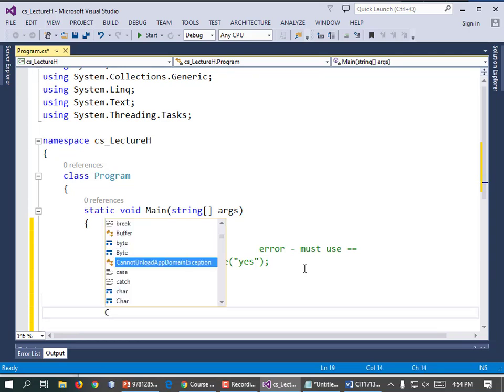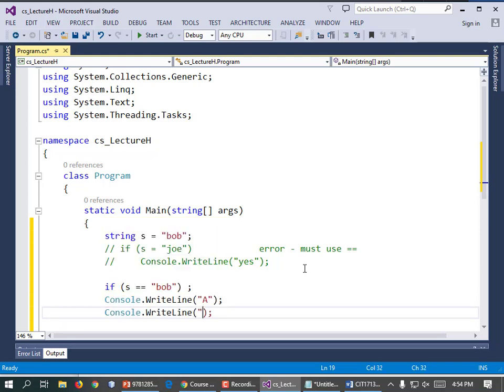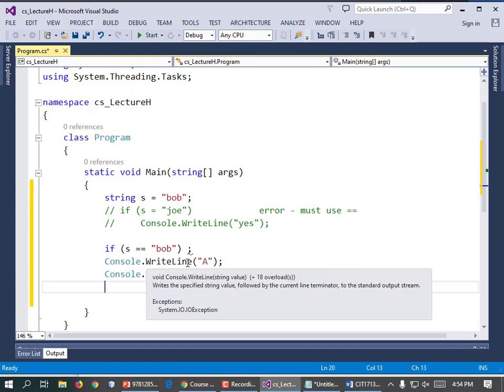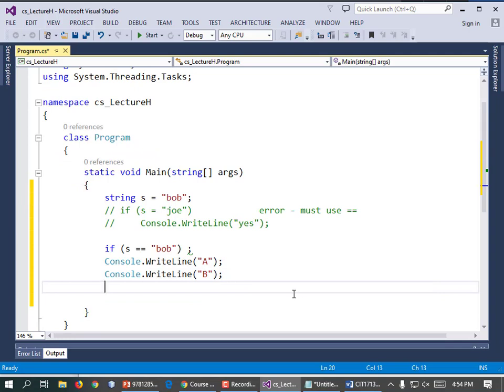And then underneath here, we're going to do Console.WriteLine B. And the quiz question would be, what is it going to print? Is it going to print A or B or AB? Give me a little warning here. Possibly mistaken empty statement. Okay.